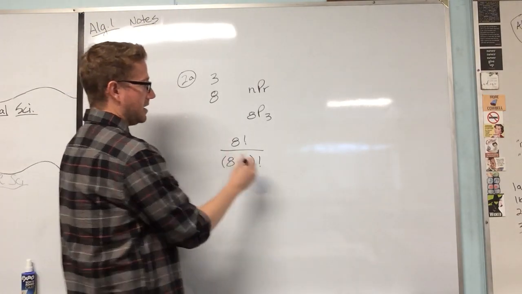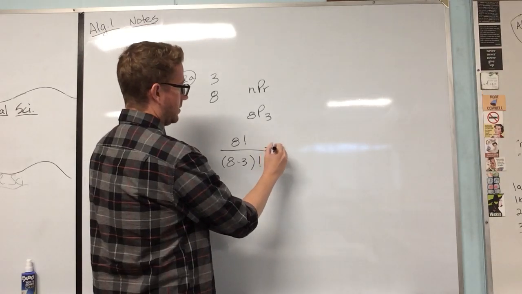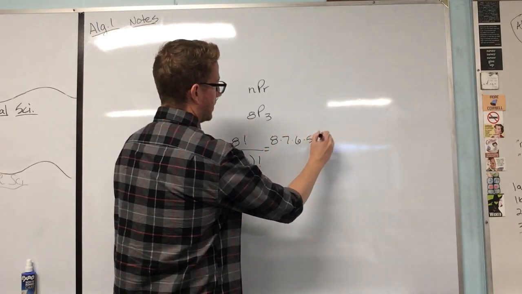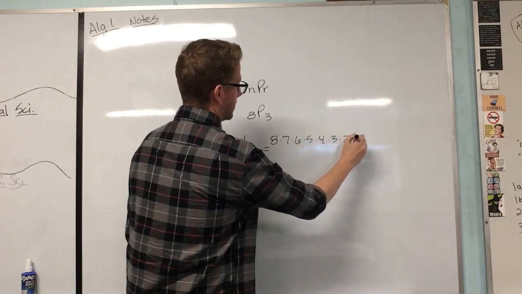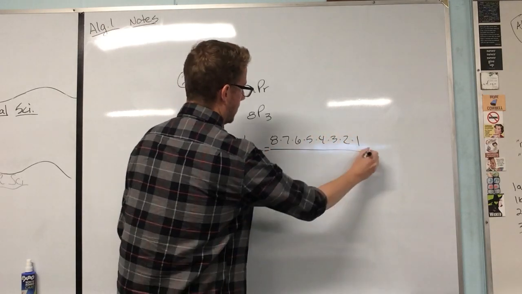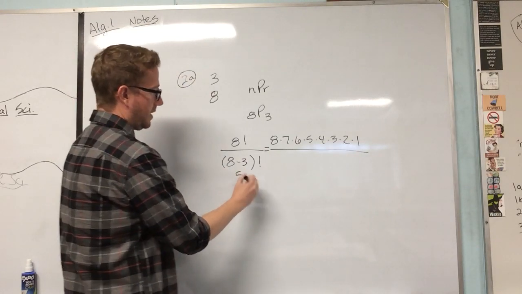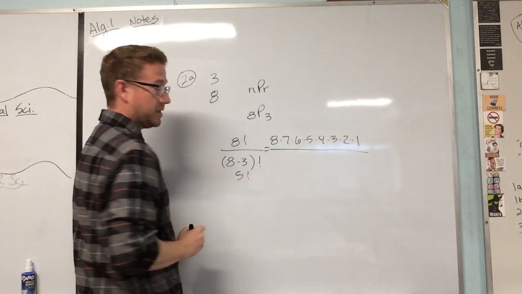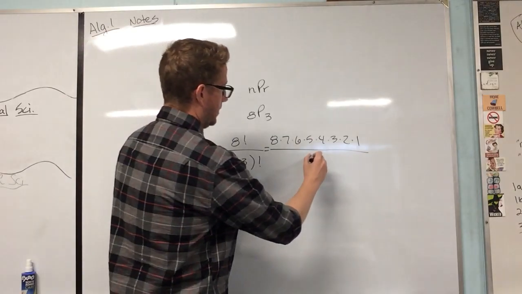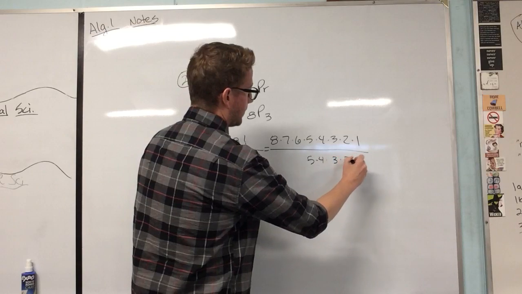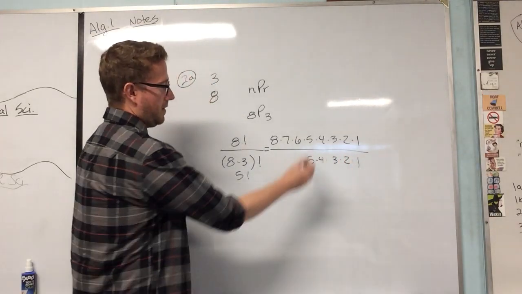All right, so remember, what is 8 factorial? That really is 8, 7, 6, 5, 4, 3, 2, 1. All divided. What is 8 minus 3? It's going to give you 5. So really, on the bottom, we're looking at a 5 factorial. So I'm going to put it directly underneath it so you can see how things will cross out.